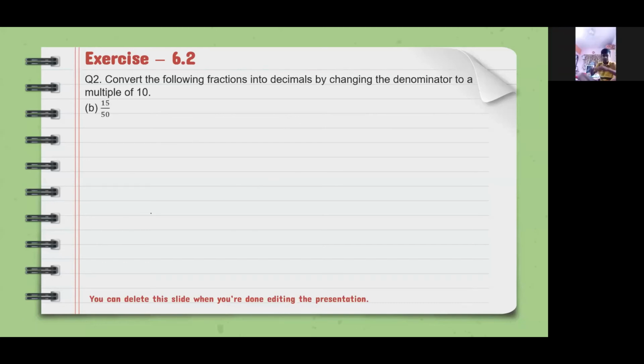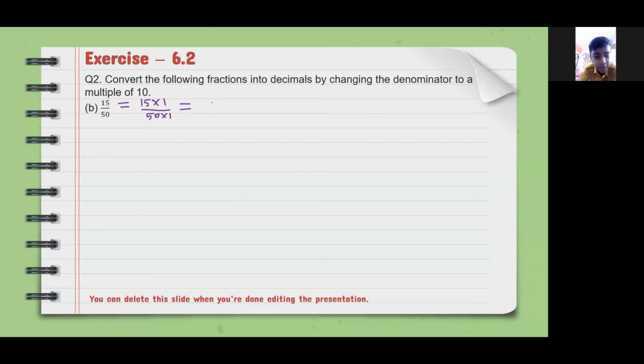Yes, sir. Convert the following fractions into decimals by changing the denominator to a multiple of 10. It is already a multiple of 10. So 50 multiplied by 1, and in the numerator also there will be 15 multiplied by 1.